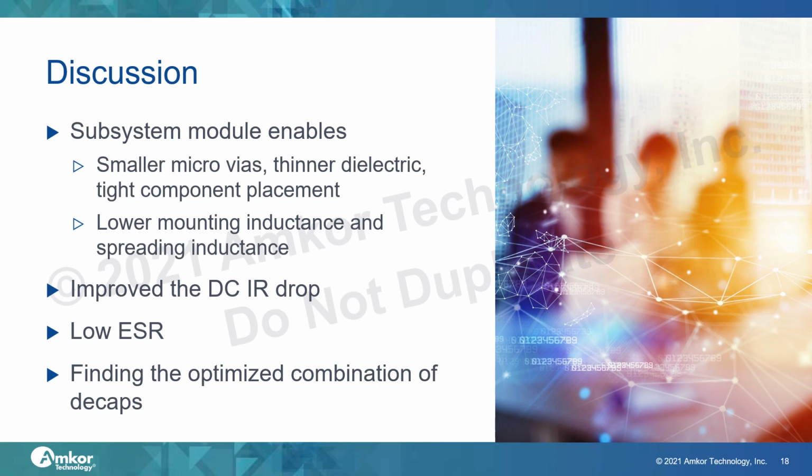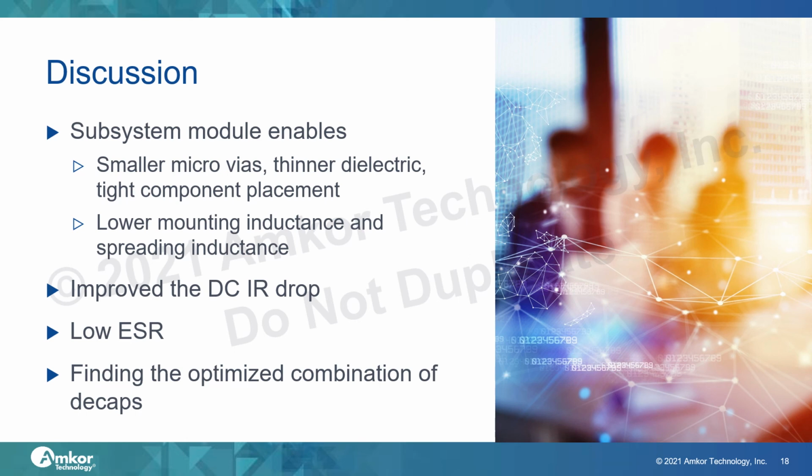The most effective way is to maintain ESR as low as possible when the module package's ESR optimization reaches the saturation point. Using a number of decaps or a large value of decap did not have a significant impact on PDN.